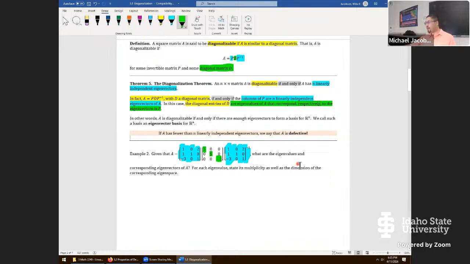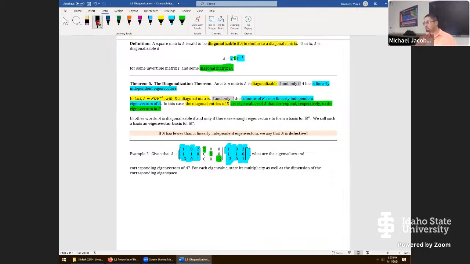The question is, what are the eigenvalues and corresponding eigenvectors of A? And for each eigenvalue, state its multiplicity as well as the dimension of the corresponding eigenspace. That's a lot of words, but here's all they're asking us to do.